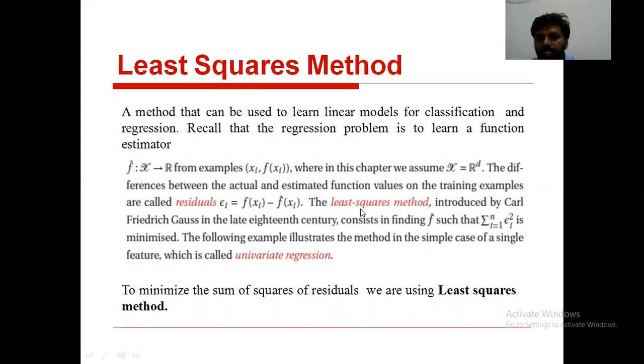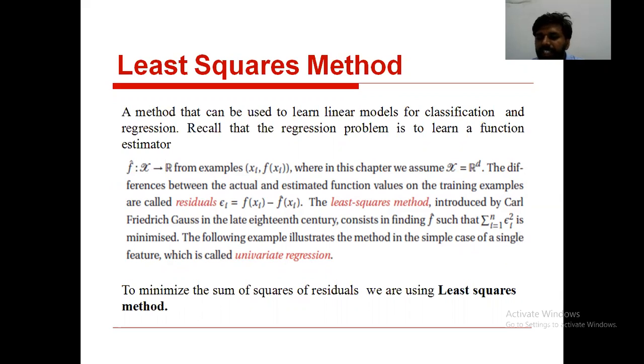Who introduced the least squares method? The least squares method was introduced by Carl Friedrich Gauss in the late 18th century. Here, what is he finding? F cap is the summation of i equal to 1 to n of the square of epsilon i.